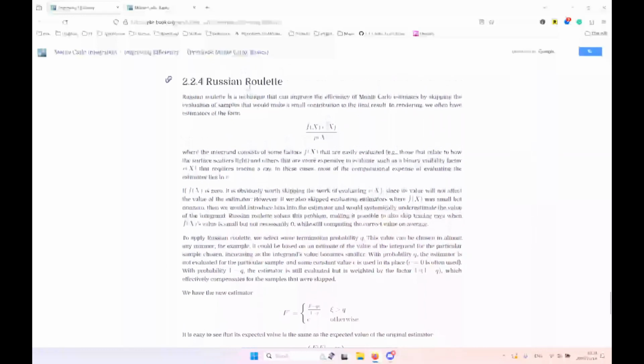Yeah, and then Russian roulette is also a technique to just skip samples which make small contributions. So we often have an estimator of a form like this, which is some kind of BRDF and visibility. And BRDF we can evaluate directly, and visibility requires us to trace another ray.